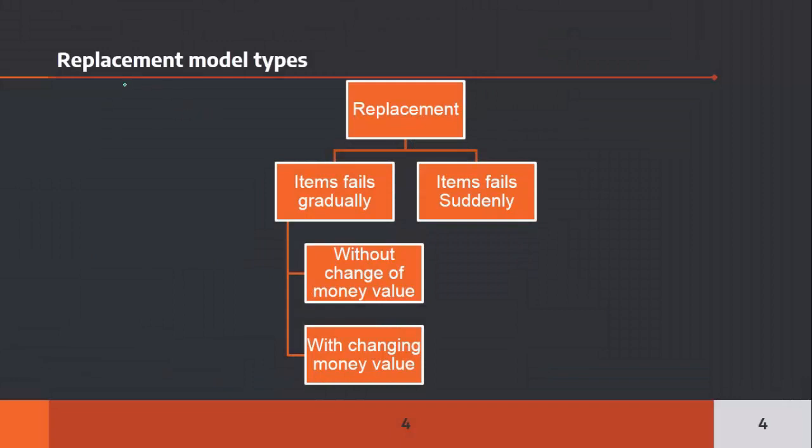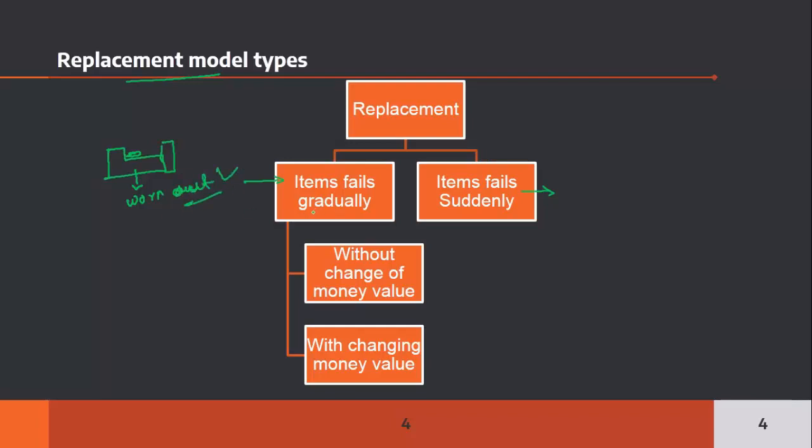When we see the replacement model, there are two types: items which fail gradually and items which fail suddenly. Suppose we have one particular lathe machine with different components, and we require some maintenance for these components, and these components wear out gradually, and after 3 years or after 10 years they fail.